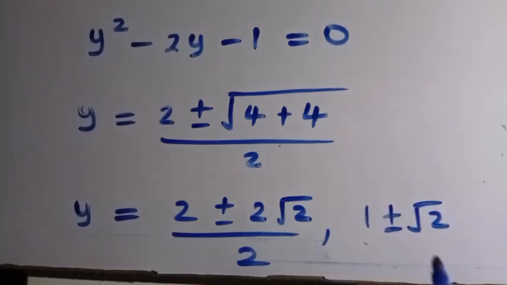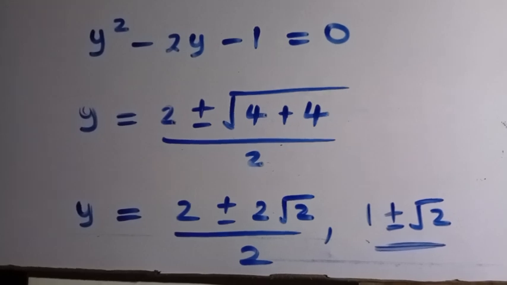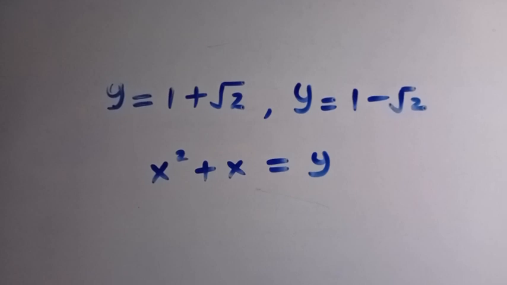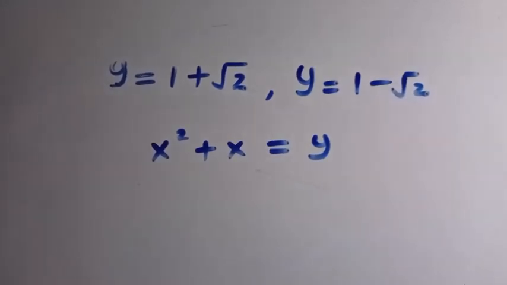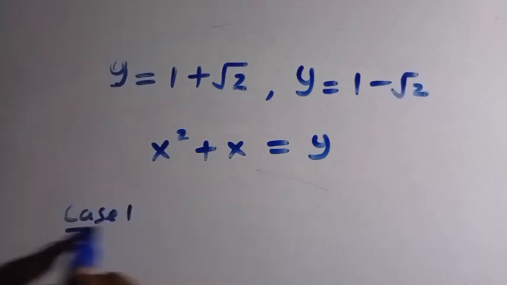If this is the value of y here, then we recall that we let x squared plus x equals y, and we try to get the value of x instead of the value of y. So let's consider where y equals 1 plus root 2. Let's call this case 1.